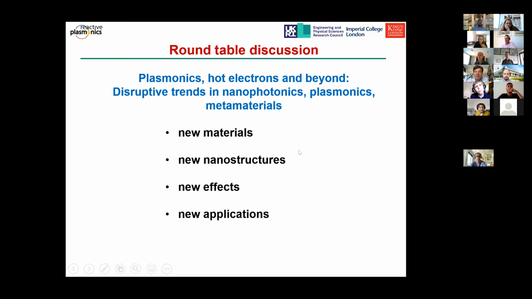What are the interesting materials we should look at? And new types of nanostructures, maybe completely new effects we can achieve in nanostructures, and of course new applications. So the floor is open to discussion.